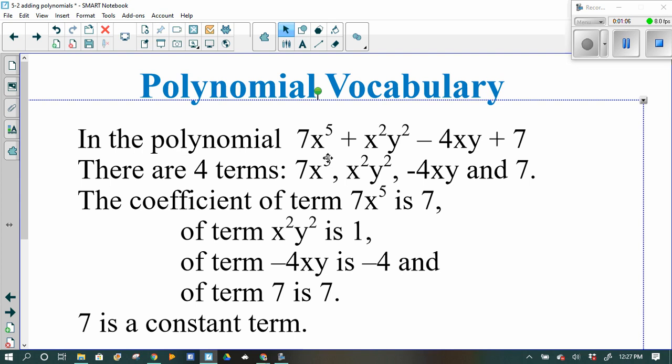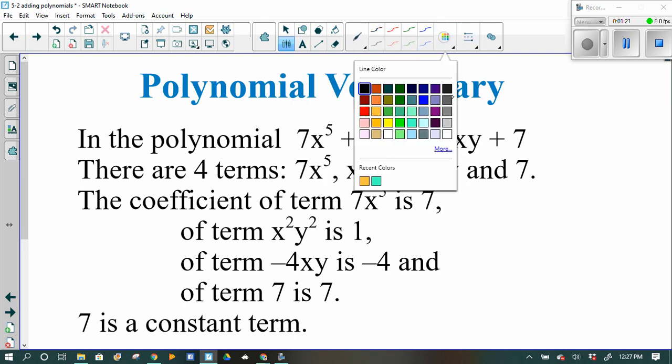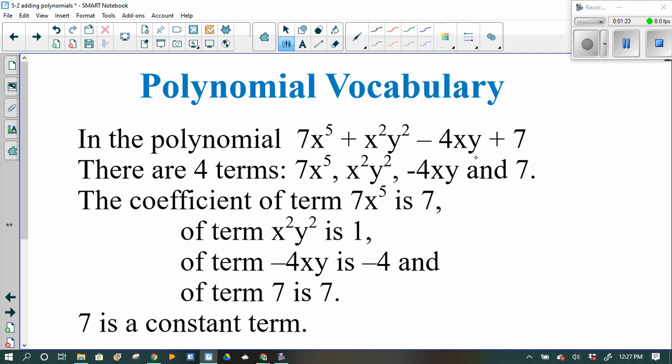So in the polynomial, 7x to the fifth plus x squared y squared minus 4xy plus 7, all right, let me get my pen going here. There are 4 terms. We have 1, 2, 3, and 4.